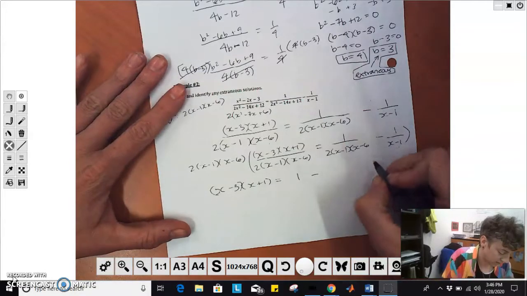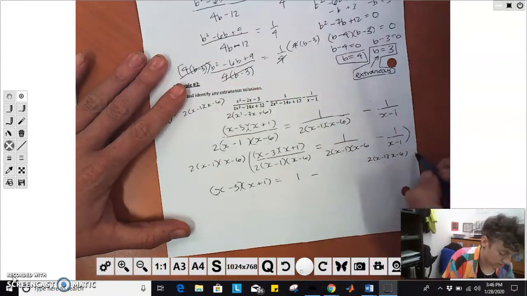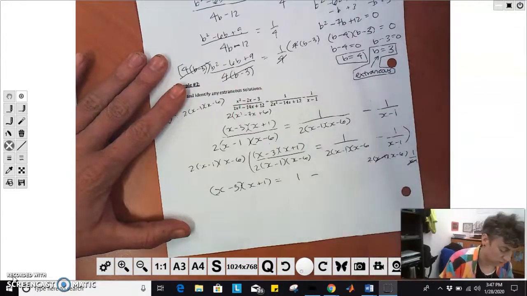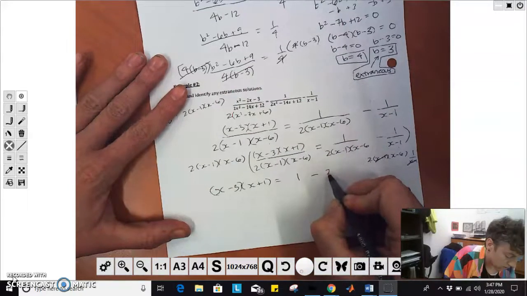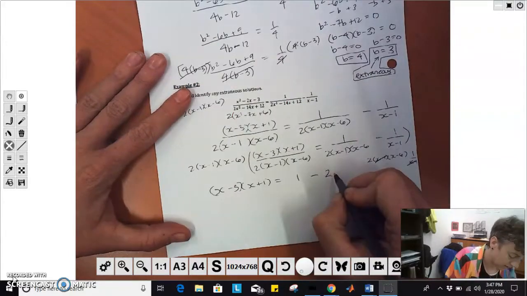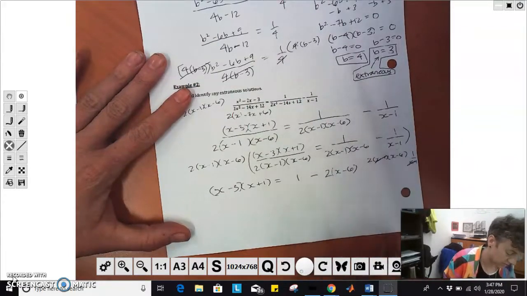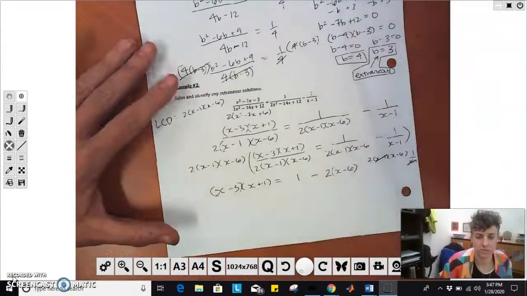Let me actually write out what's happening. 2 times x minus 1 times x minus 6 times 1 over x minus 1. The x minus 1s will cancel. We'll have 2 times x minus 1 times 1. So we'll have 2 times x minus 6. So now we can multiply this out and solve.